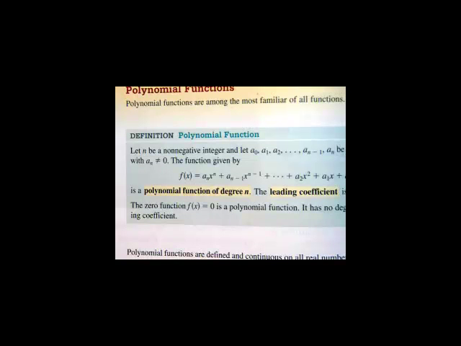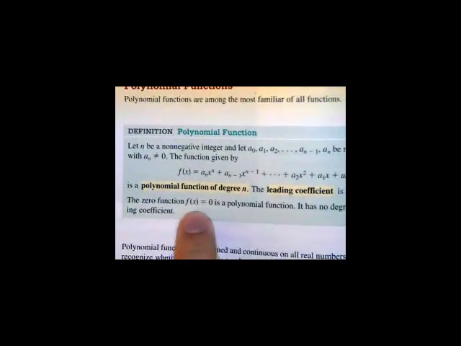So a polynomial function is a summation of a whole bunch of terms where you have a coefficient times x raised to a power, and in each one of those terms, that power is decreasing all the way down to 0. Does that make sense? That's what a polynomial is, kind of in layman's terms. I think it's an easier way to think about it. Something times x to a power, the powers go down. That's a polynomial.